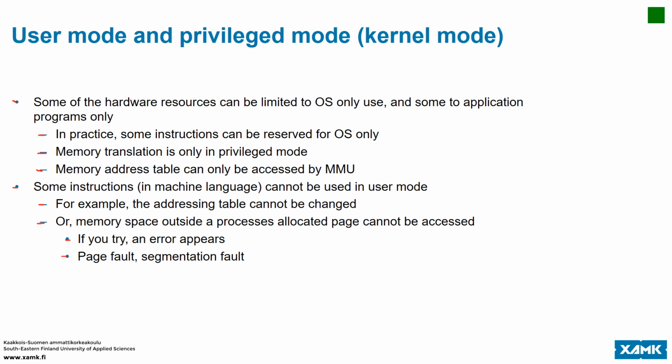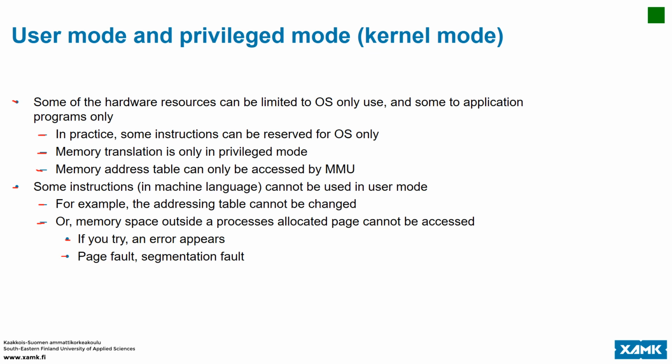For example, trying to access the address table can't be done, or accessing memory space outside of a process's allocated page can't be done either. If you were to try, you get an error, the operating system will not allow you to do that. And that error is either a page fault or a segmentation fault.